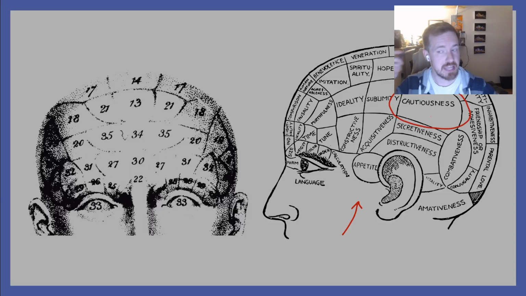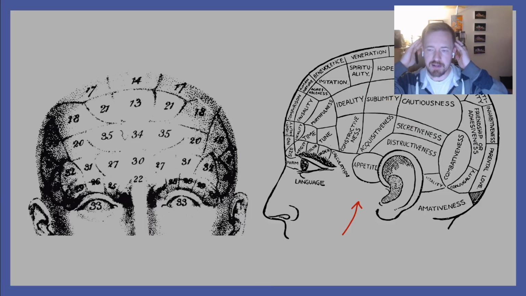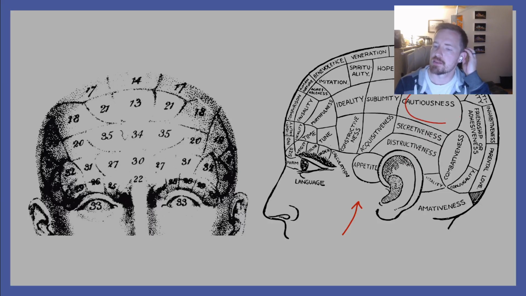If I were to damage that part of my brain, then I would no longer be cautious, according to phrenology. But also, if you were to feel my head and this part of my skull was a little bit thicker or protruded like a bump compared to other brains, then that must mean that I am a particularly cautious person because this area is enlarged.